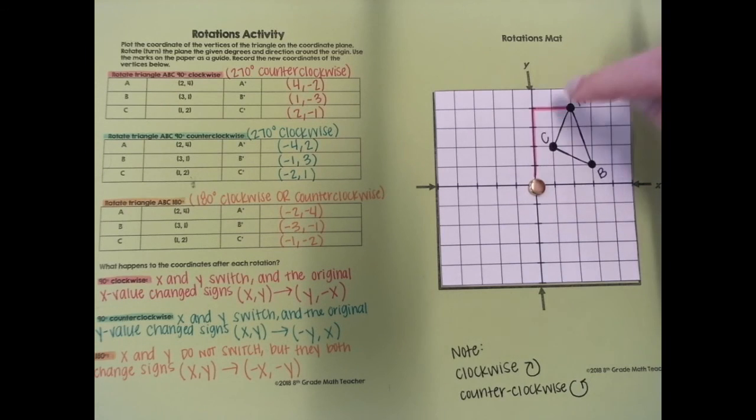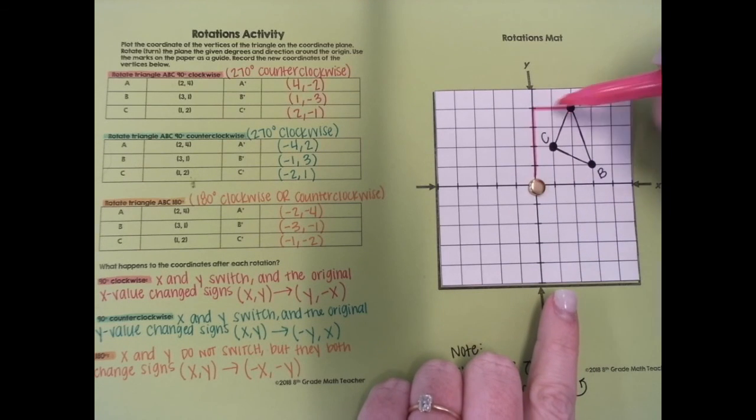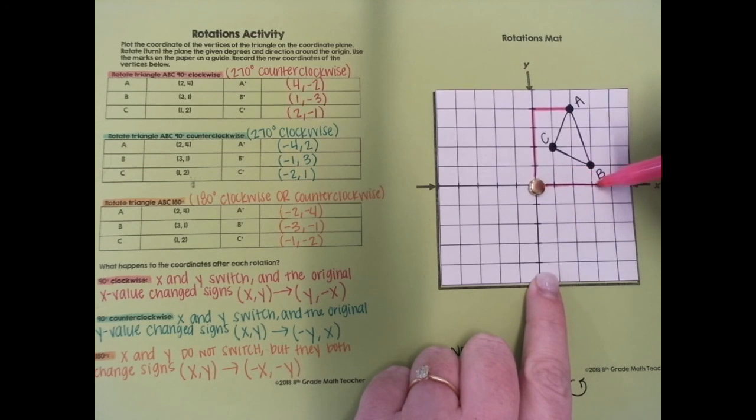And if I rotate this 90 degrees, it would become vertical. So instead of going up 4 and right 2, if I were to rotate that 90 degrees, I'd be going right 4, and down 2. And this would become my point A.